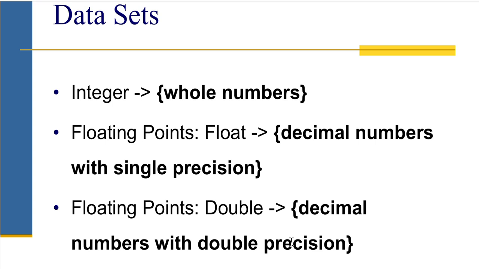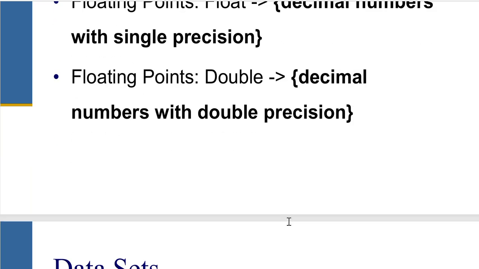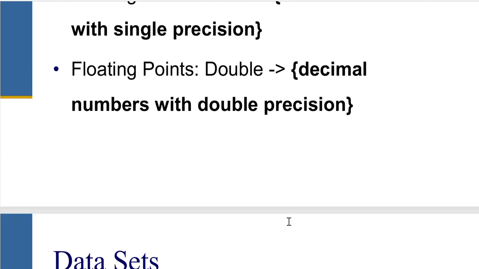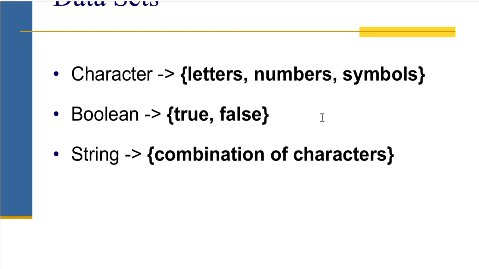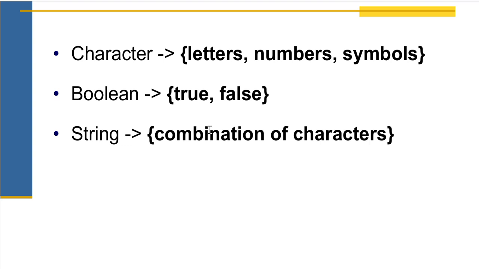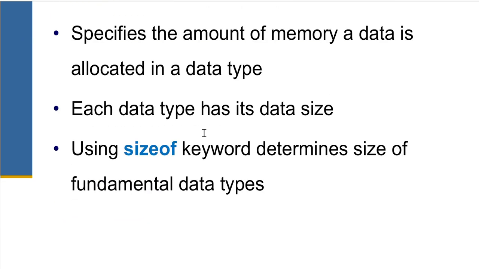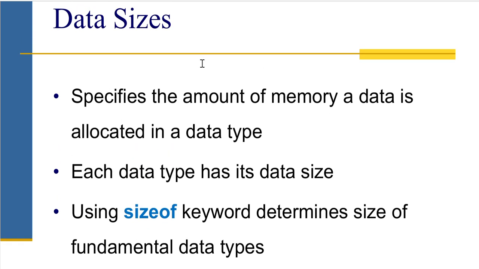Floating points are basically decimal numbers with single precision, and floating point double are decimal numbers with double precision. Characters are letters, numbers, symbols. Boolean is only true or false. And string is a combination of characters.